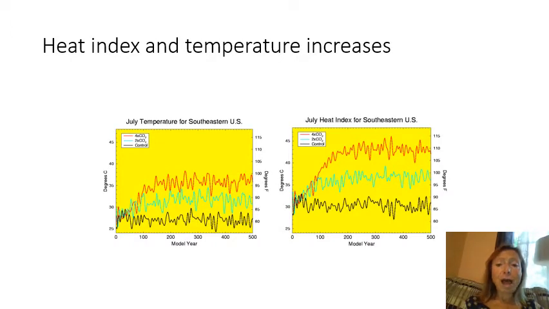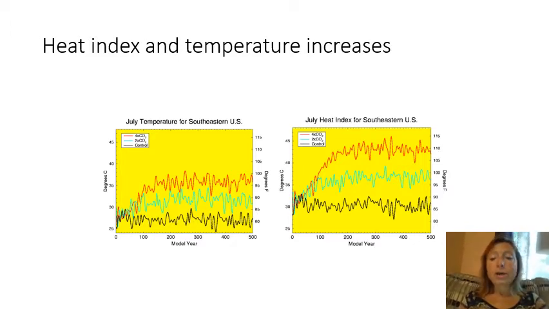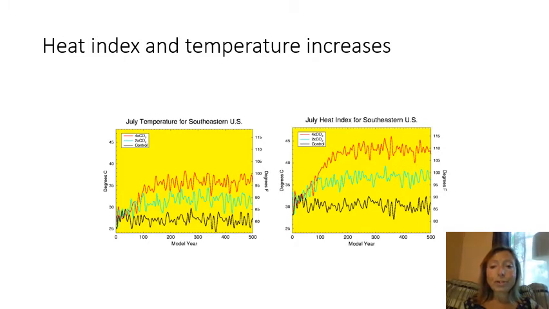Here is another interesting example of the use of climate models. They can help us to understand not only the changes in the temperature, but also in the heat index. The heat index is essentially the temperature adjusted for the moisture conditions, and it tells us a little bit more about the impact of the temperature on human health.